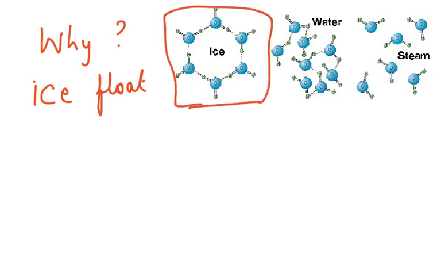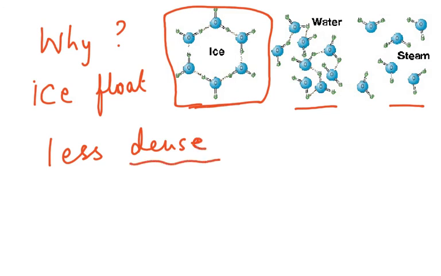The reason, we say, is it is less dense. You see how the water molecules have arranged themselves, spacing themselves out. This is water, liquid, that's steam, and that's ice. So the terminology that we use is that ice floats because it's less dense.